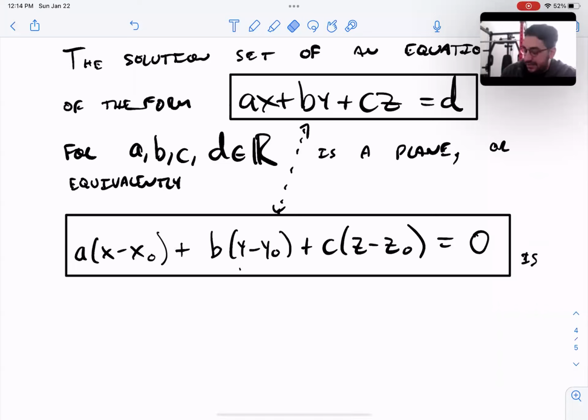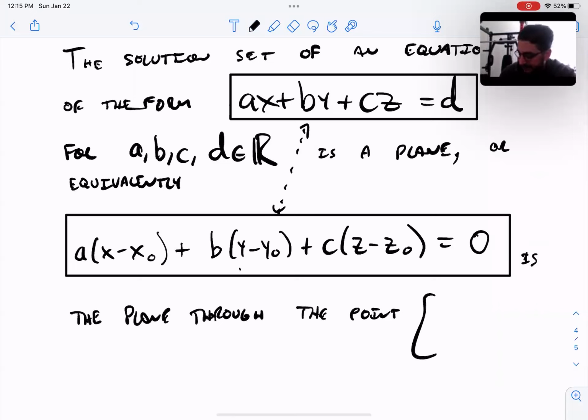So this is the plane that contains the point x naught, y naught, z naught. So that's some initial point on the plane.